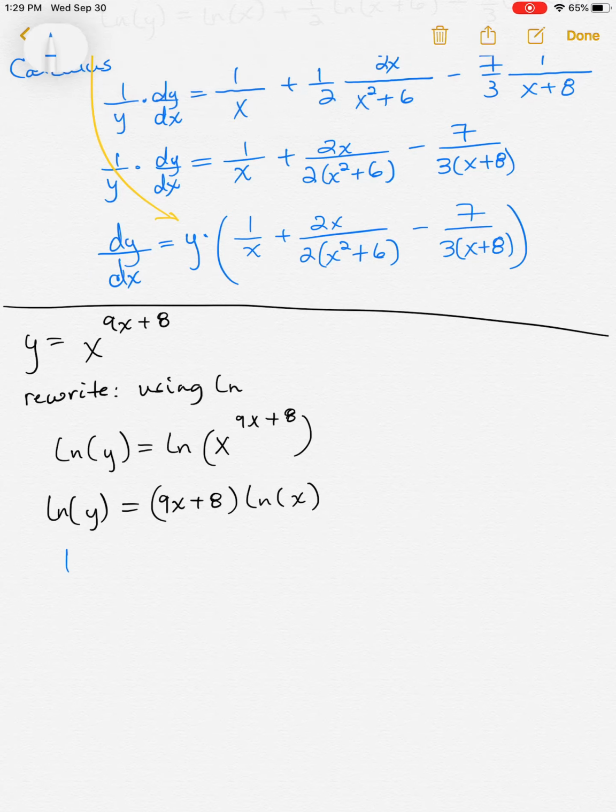You have 1 over y dy dx equals, I'm going to apply the product rule, the derivative of the first times the second plus derivative of the second times the first.